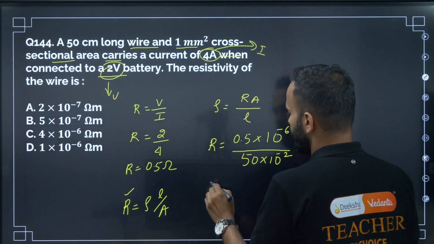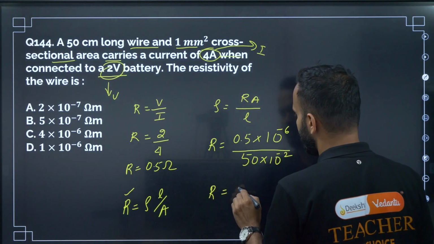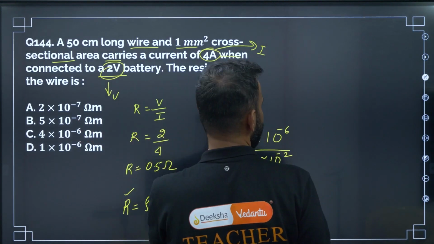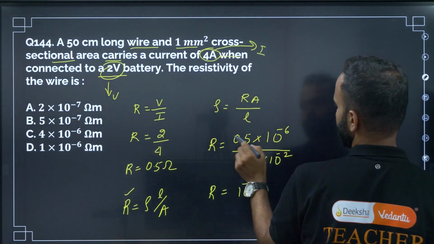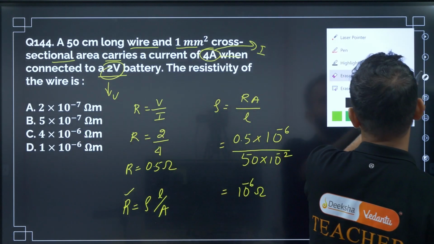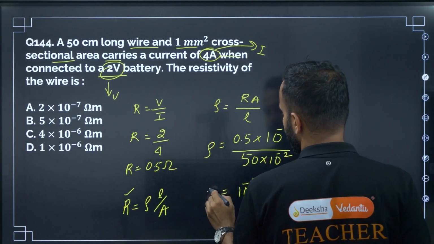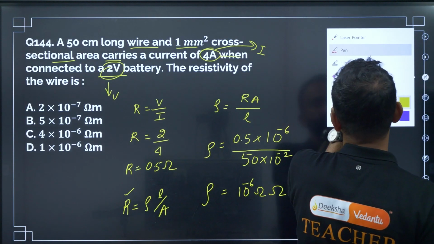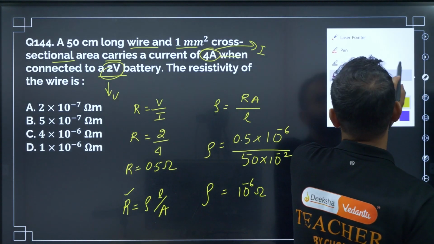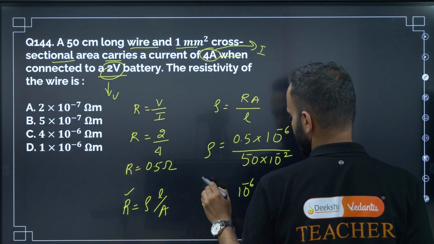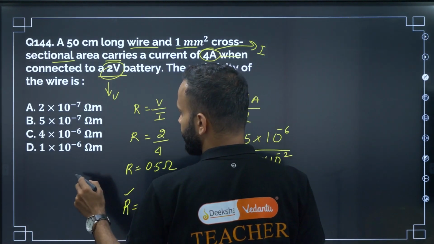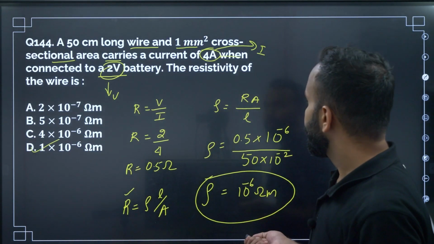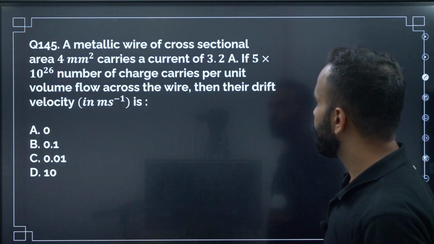Okay, so if you solve this, you will get rho, here this is rho, right, not R. Rho equal to 10 to the power minus 6 ohm meter. So the correct option is D, 1 into 10 to the power minus 6 ohm meter. Yeah. Next question. Question number 145.